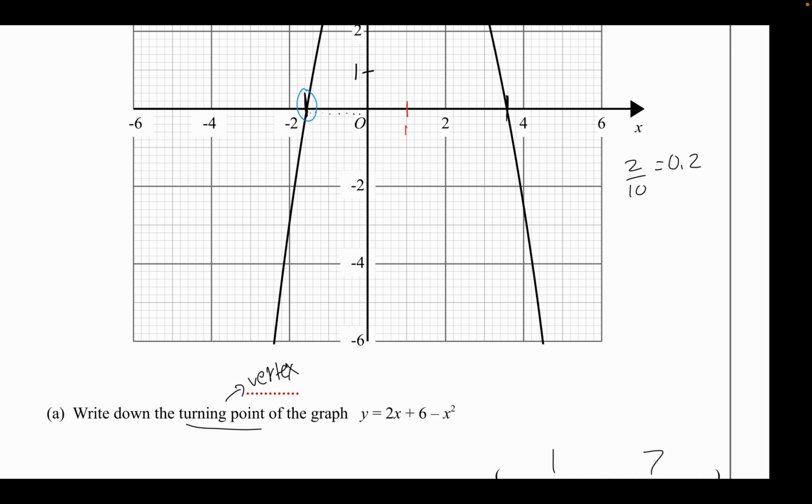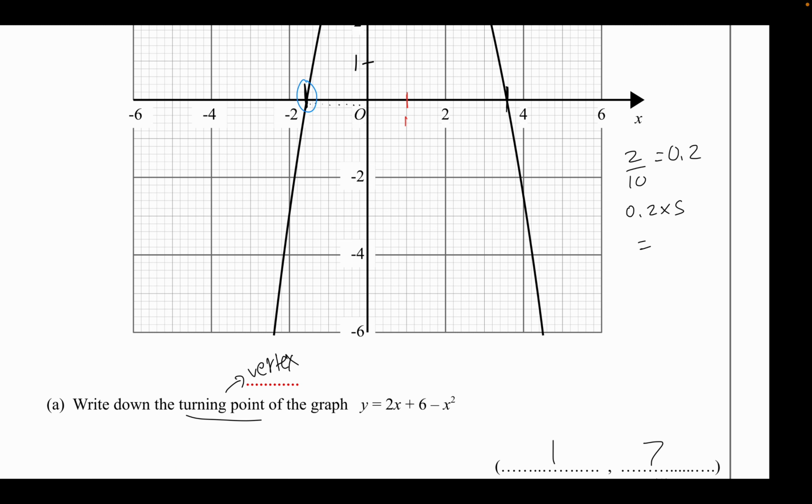So you're going to do 0.2 times 5, since there are 5 squares. Since 1 square is equivalent to 0.2 units, 0.2 times 5 is going to give you positive 1 in this case. That's why we have written here as 1.